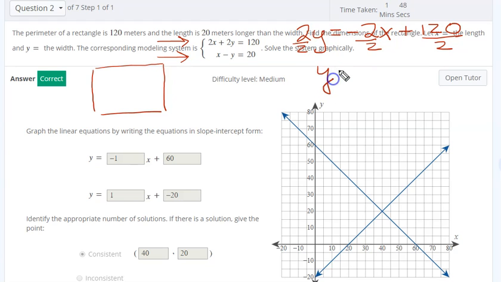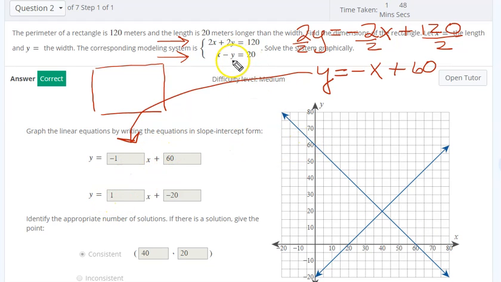So I now get y equals, this is going to be a -2/2, which gives me a -1. I don't write the 1. I'm just going to put the x there. And this is plus 60. And that's what I'm going to put into this equation. Now, here I've put a -1. All I needed to do is actually just put the negative, but you could put the -1 apparently, because they accepted it. And then that graph will form.